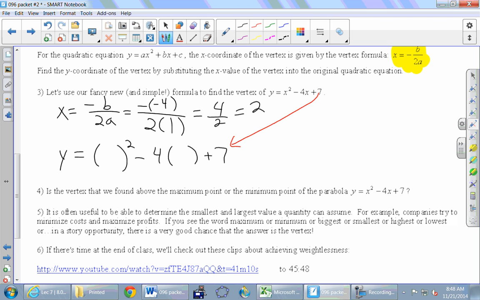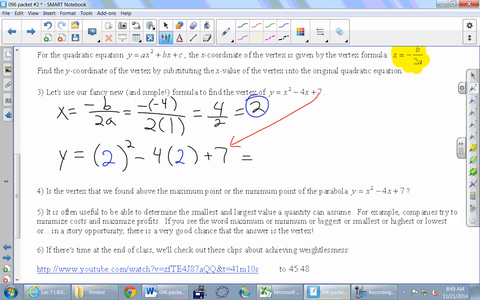So all I've done is rewritten the equation. Every x became open parentheses. And what number is going in for both x's? 2. This guy right here. 2 there, 2 there.